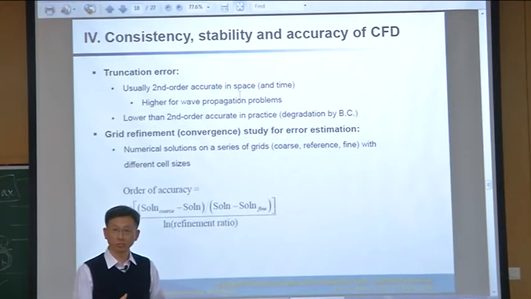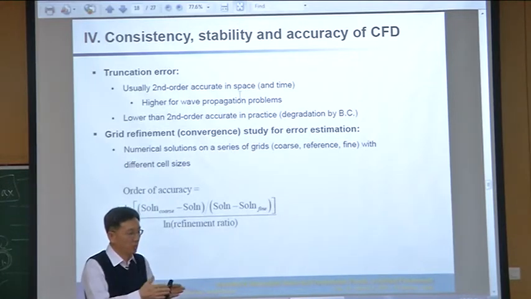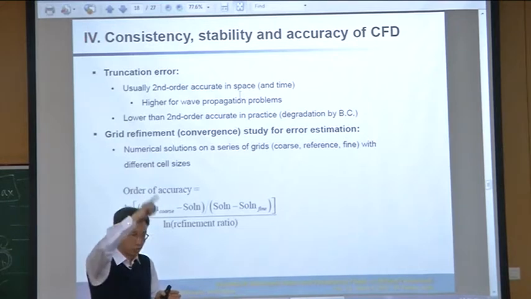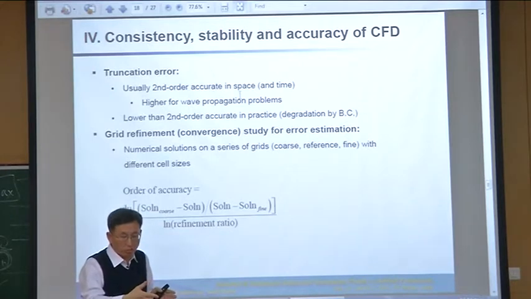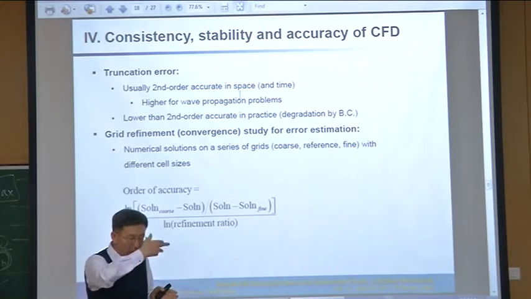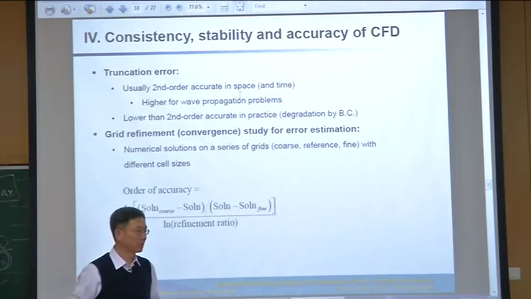Typically, ANSYS Fluent and so on is second order, which means if you halve the grid size, your error becomes four times smaller. First order accuracy means if you halve the grid size, your error becomes only two times smaller. That's not that efficient. For most engineering cases, at least at this moment, it should be second order.